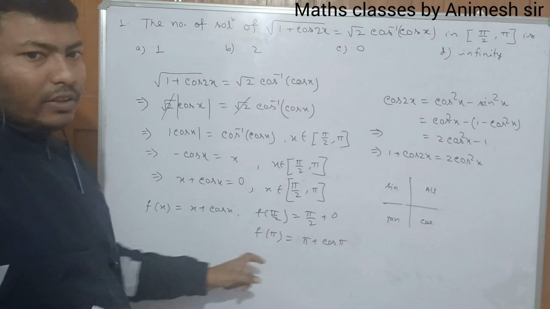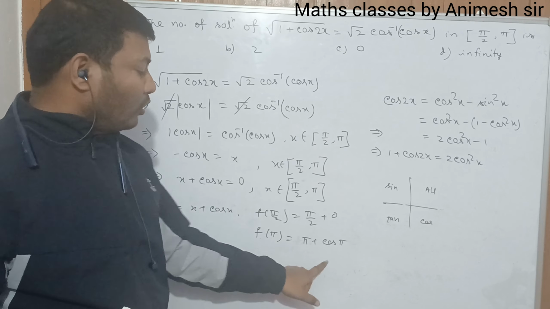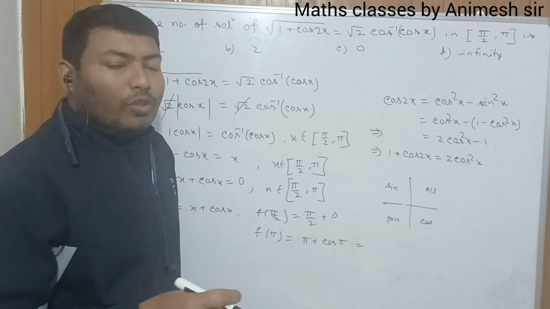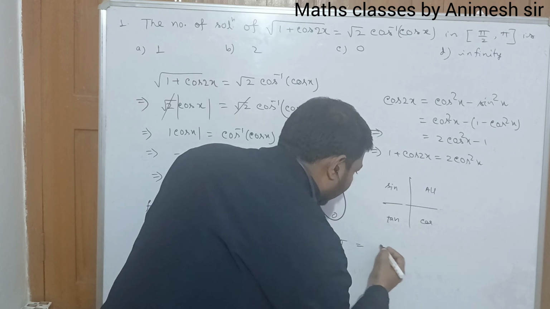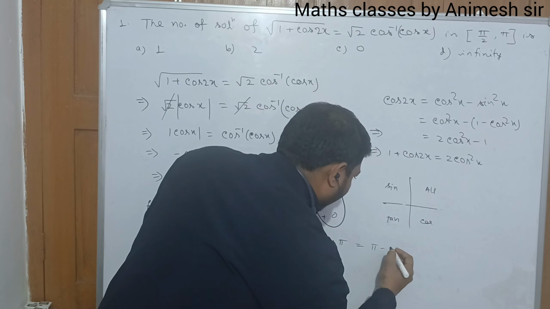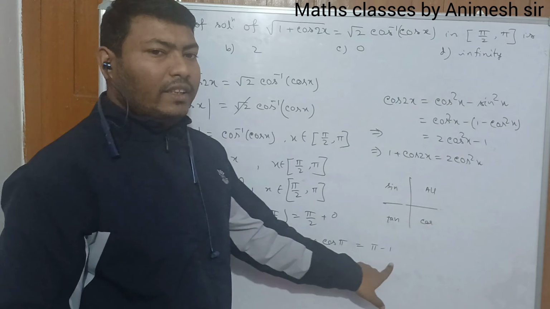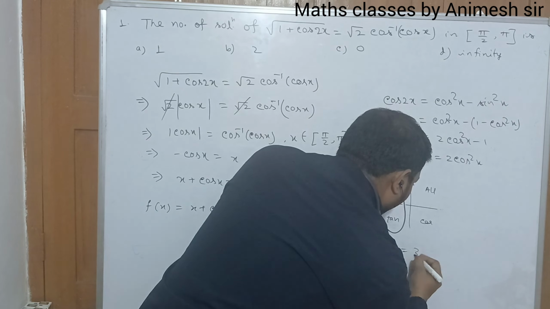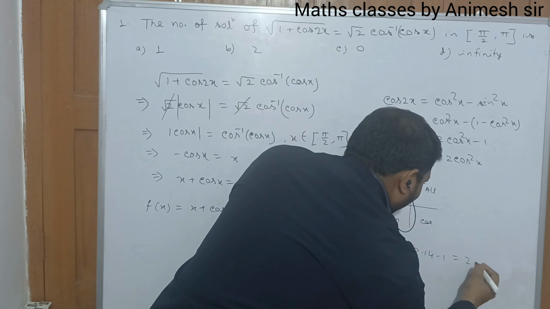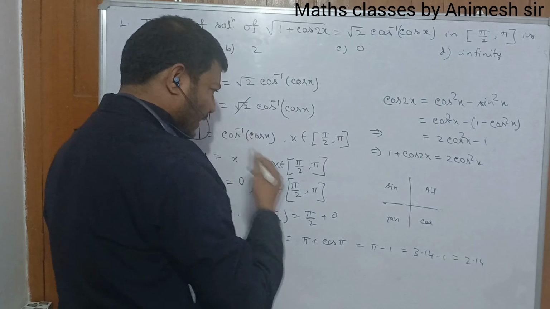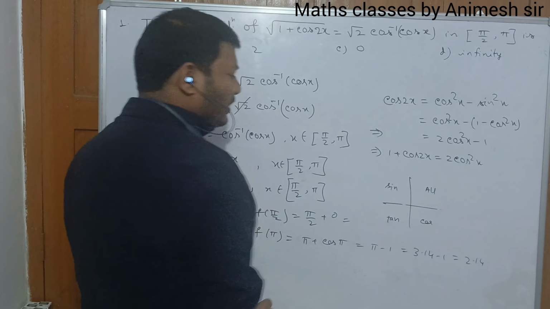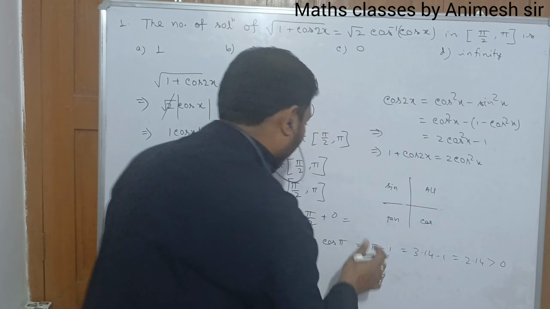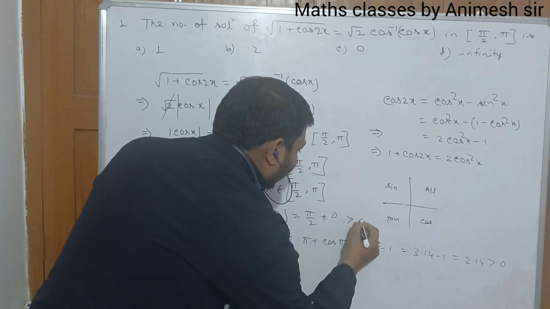Now cos pi is minus 1. So pi minus 1. Now pi is 3.14, so 3.14 minus 1 is 2.14, and this is also greater than 0. So this is greater than 0, and this is also greater than 0.